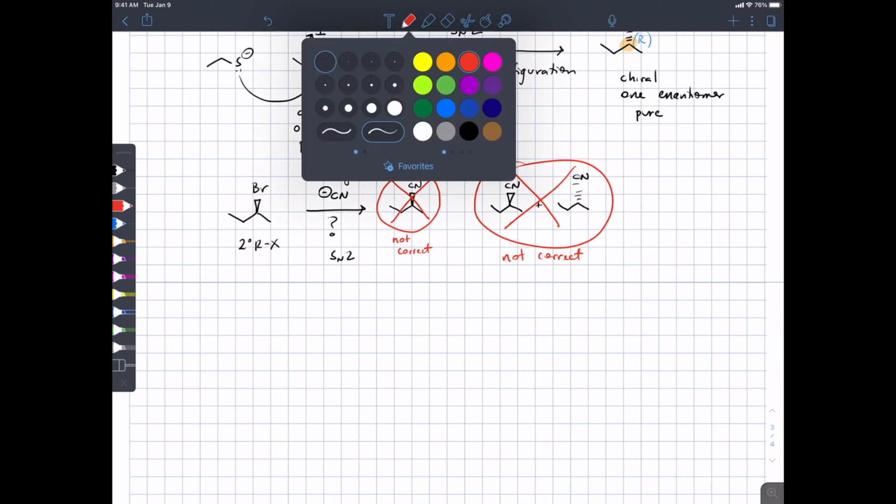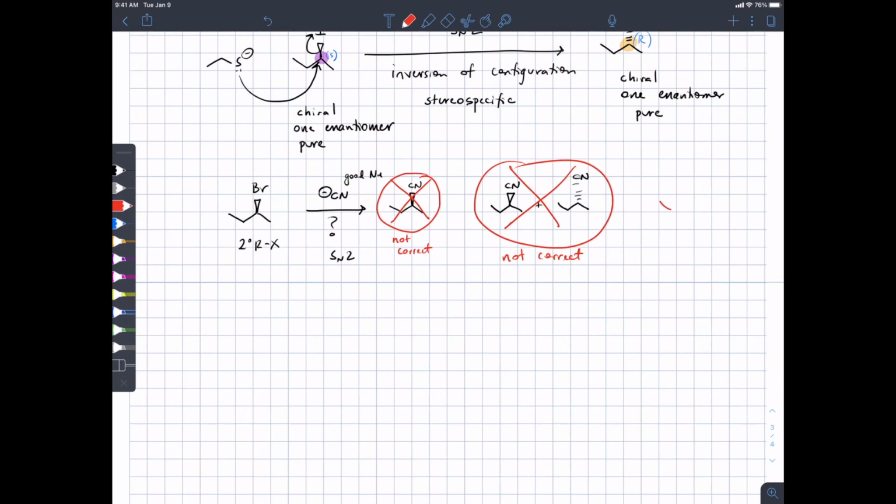No, the only correct answer here for the SN2 reaction, the only answer that demonstrates mastery of what the SN2 reaction is, is this one, inversion of configuration. Okay? All right, questions on that?